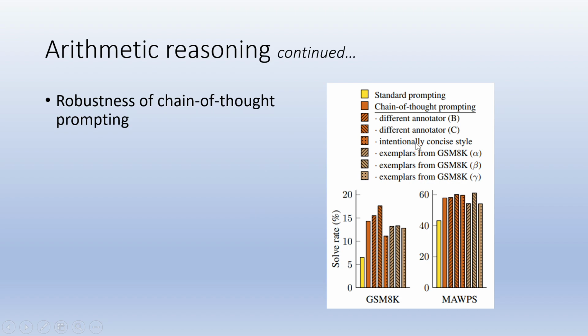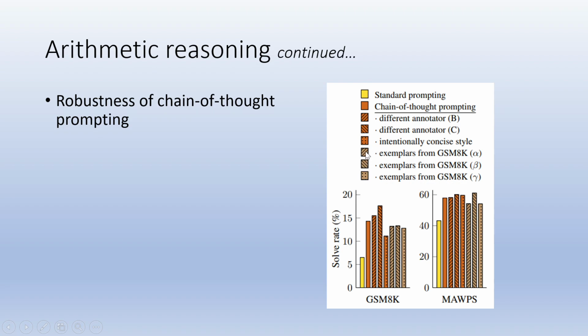The third one is where the chain of thought prompt is given in a very concise manner. But we see that each of them still performs much better than standard prompting, even though the performance varies.